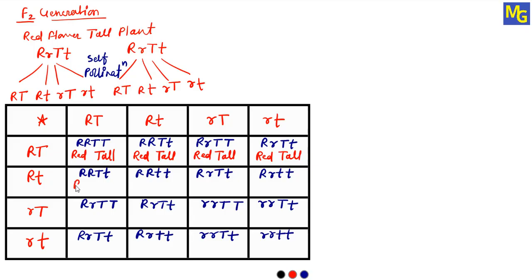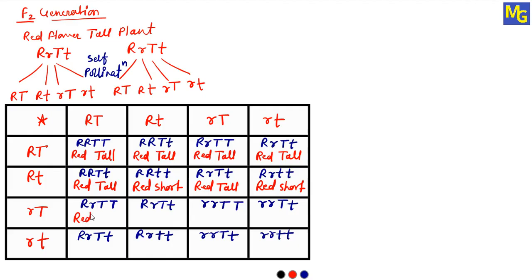Then the next is again red, tall. This is red, but it is not tall. You can see both the T are small, so it is short. Remember, this is again red, tall. This is red, but not tall. It is short because both the T's are small, recessive.